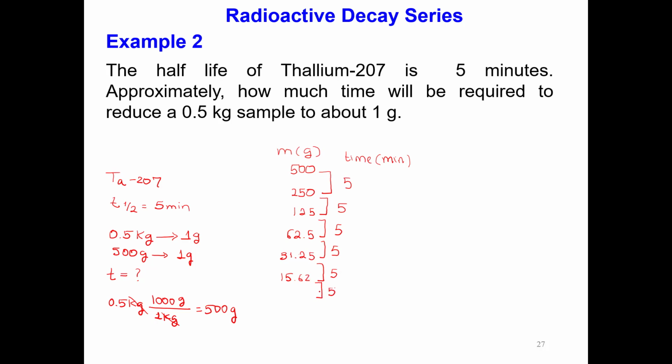Another 5 minutes, we'll get 7.81. 5 more minutes, 3.9. 5 more minutes, we'll get 1.9. 5 more minutes, and we will get 0.97, which is about 1 gram.